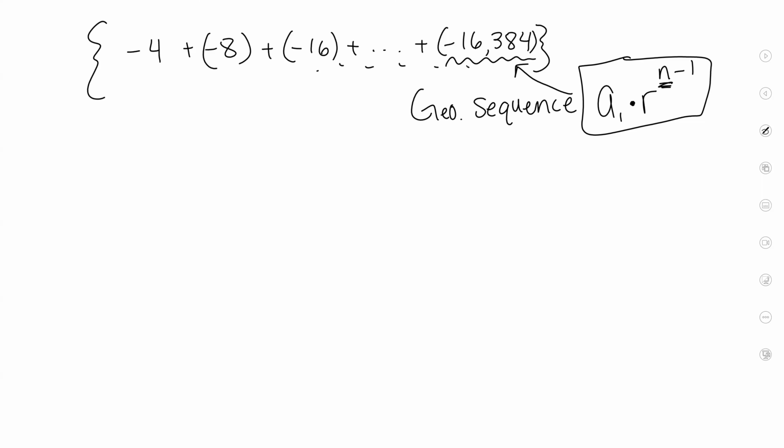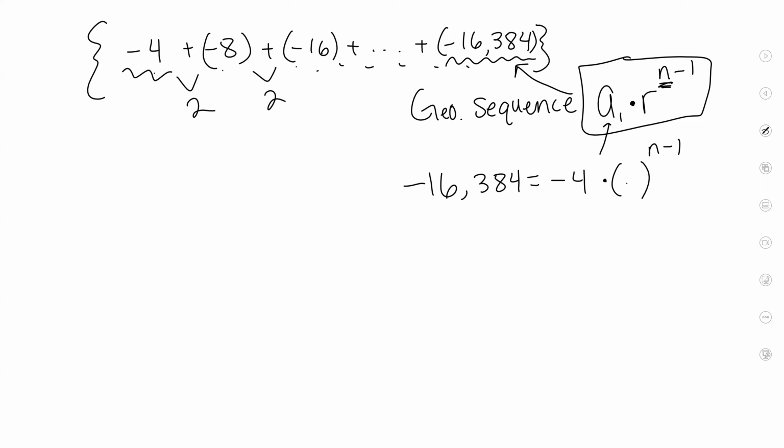So let's go ahead and fill in what we know. I know that we have 384 equals, the very first term is -4 times, we don't know n minus 1, but we do know the rate. How is this increasing each time? Yep, it's multiplying by 2 every time. So that's my ratio.